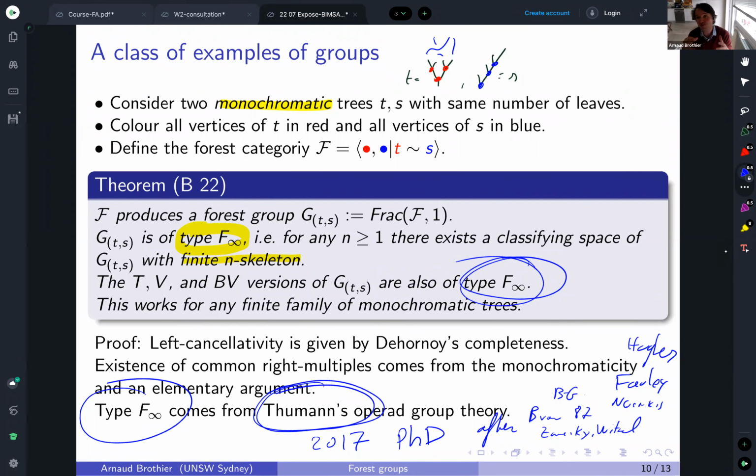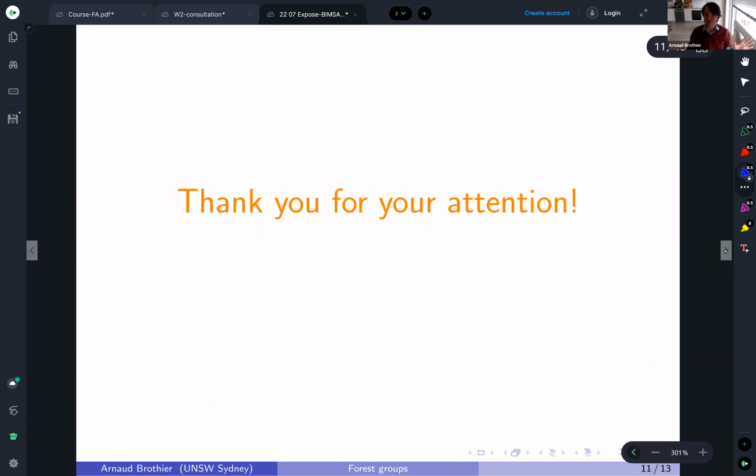Can you take from them simple subgroups or something like that? Are the T and V or B version simple? Do you have a derived subgroup? Do you have finite index simple subgroups? I don't know today, but I'm sure there are a lot. All right, so that was the application for the group part, and I think I already talked quite a lot. So I just stop here and thank you for your attention.